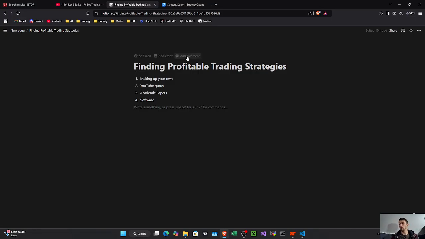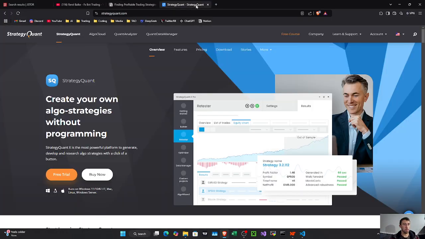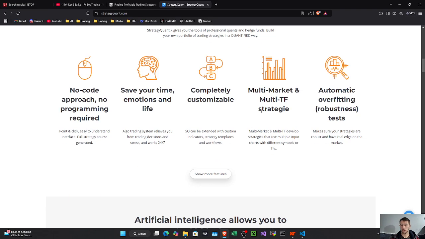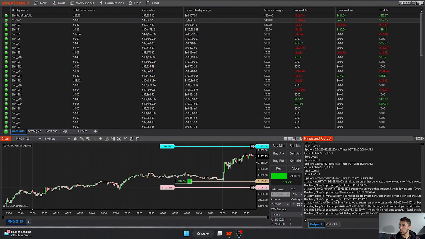But okay, so I also have my own. If you're interested in that, it comes with pretty much everything. Most of what's in here doesn't look as nice because it's all built in Ninja Script, but I think it works better, and that's what I've used for every single one of my strategies.